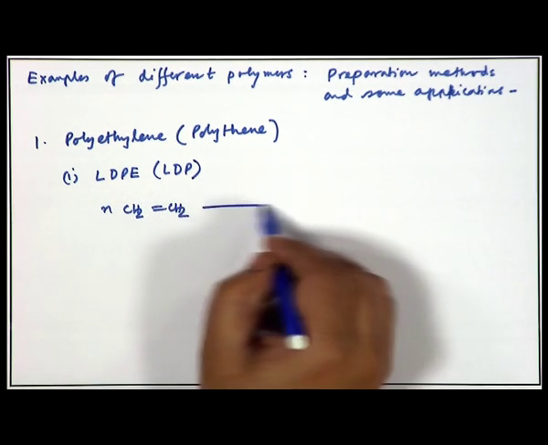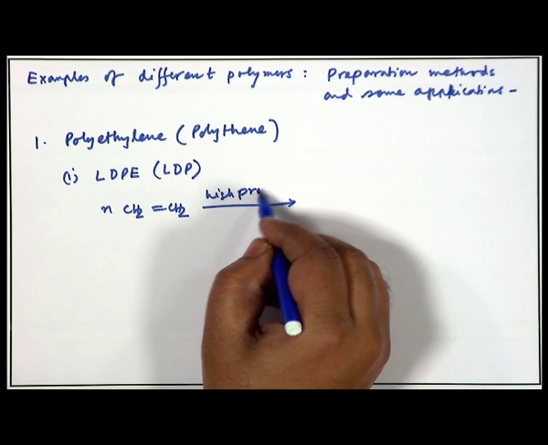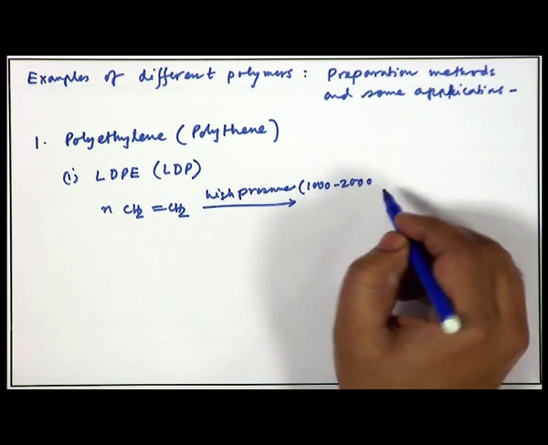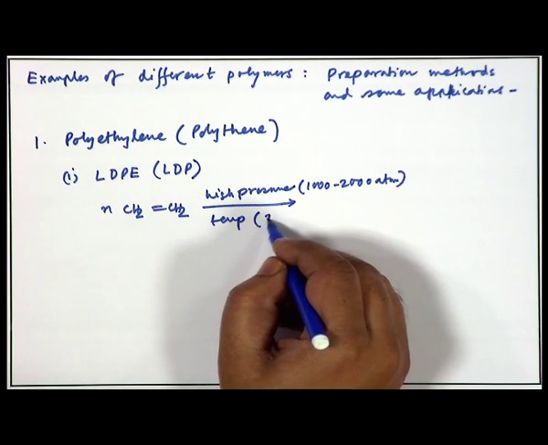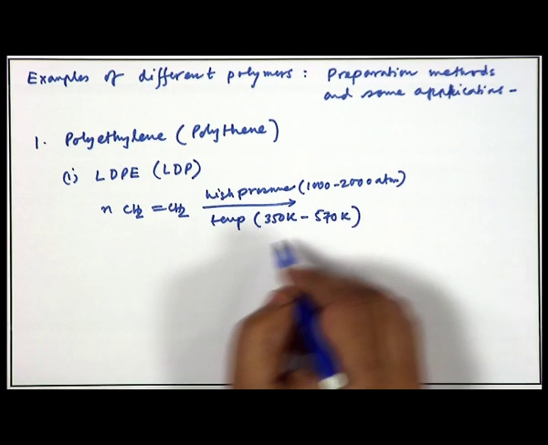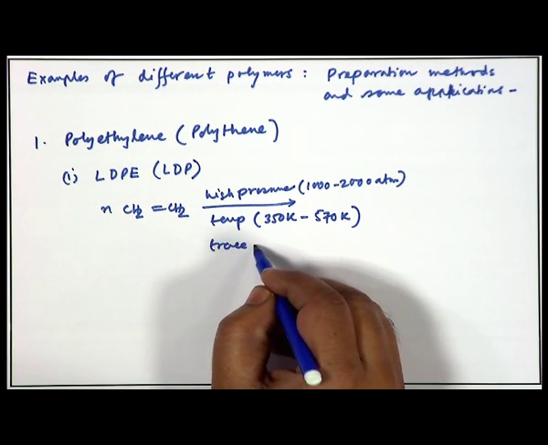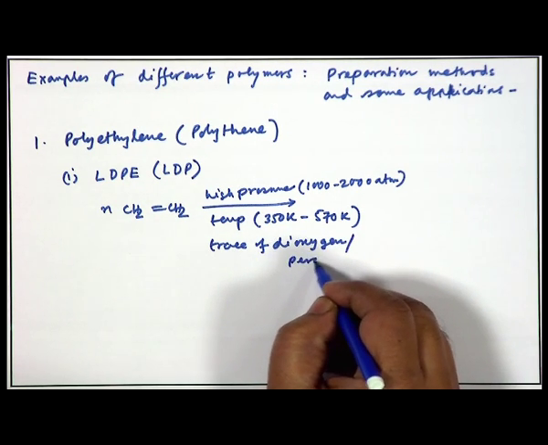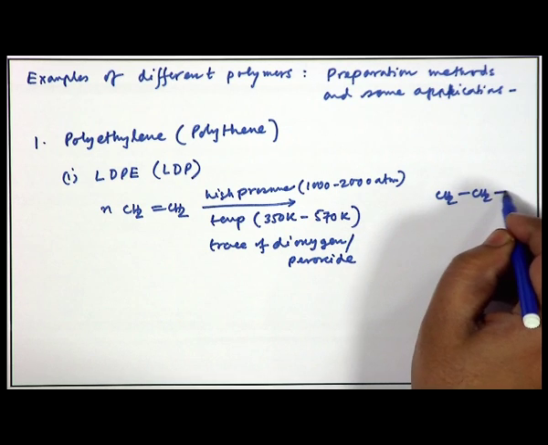You take an ethylene molecule and apply high pressure, about 1000 to 2000 atmosphere, and high temperature, 350 K to around 570 K, and you need some radical generator which you can get from a trace of dioxygen or say peroxide, and you get polyethylene.